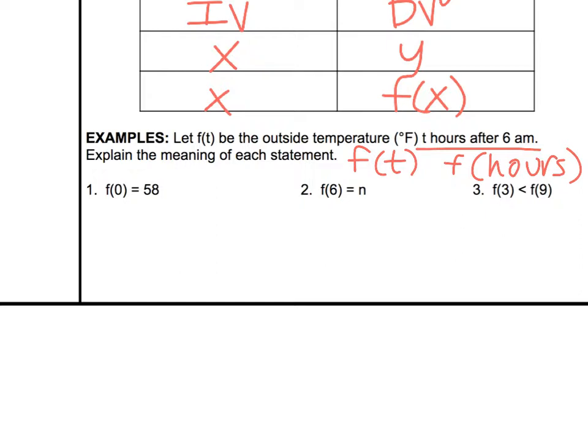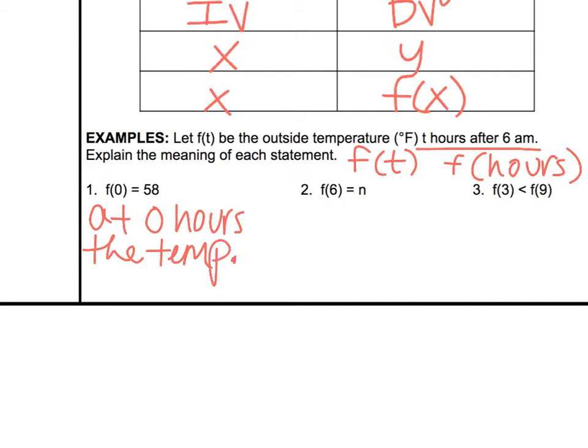If I input 0 hours, my temperature is 58 degrees. That's what that says. So it says at 0 hours, the temperature, I'll say temp and abbreviate because I don't want to write the whole thing, is 58 degrees Fahrenheit.